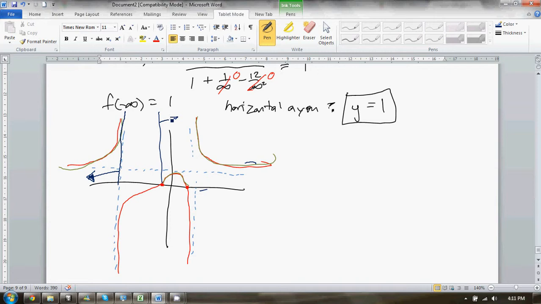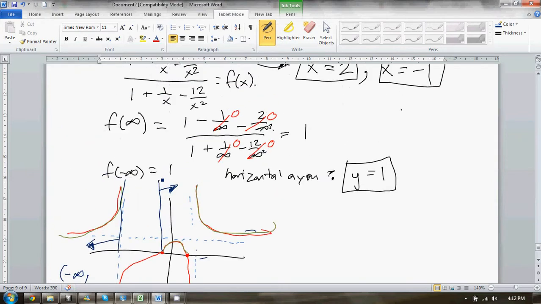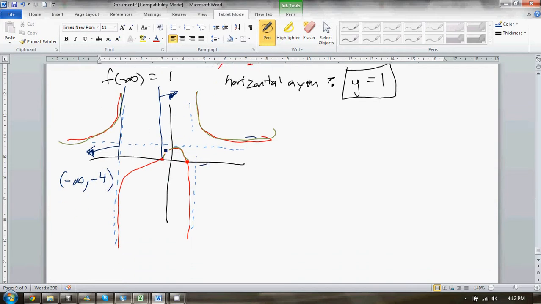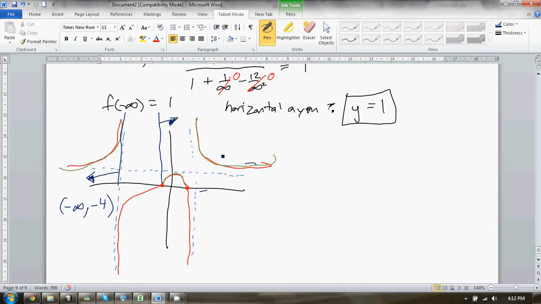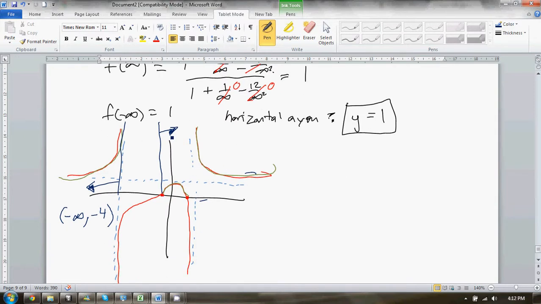Using bracket notation, this interval can be denoted by negative infinity and, what was that, negative 4? Let me check. Yeah, negative 4. So that means anywhere before negative 4. And finally, for this region, we need to find out what that x value is. That x-intercept was negative 1, so this interval can be denoted using negative 1 and positive infinity.